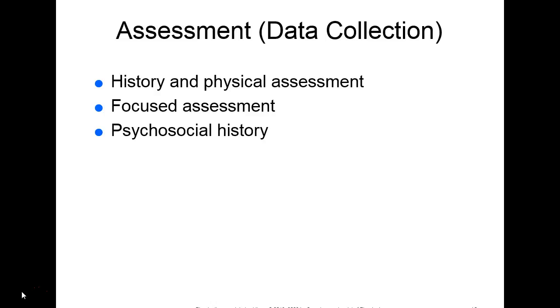And then we would look at the psychosocial history of the patient as well. The psychosocial assessment would include a history of interpersonal relationships, their educational level, and their career information. We need to determine if the patient has told his family about his HIV status.